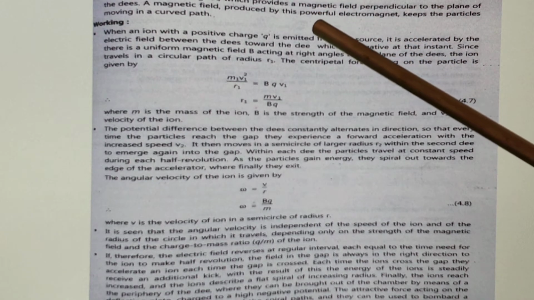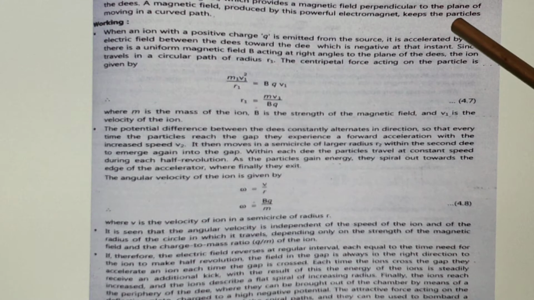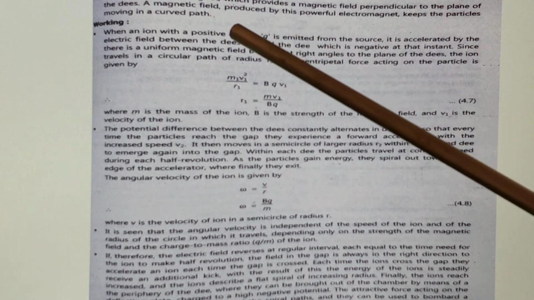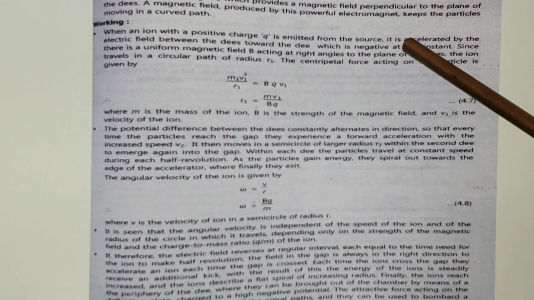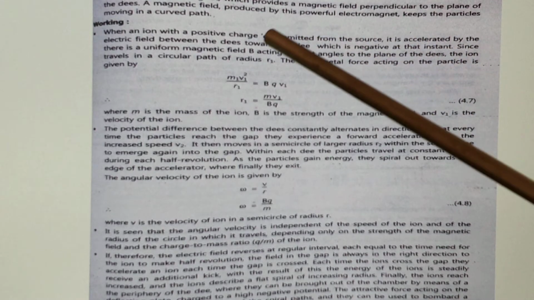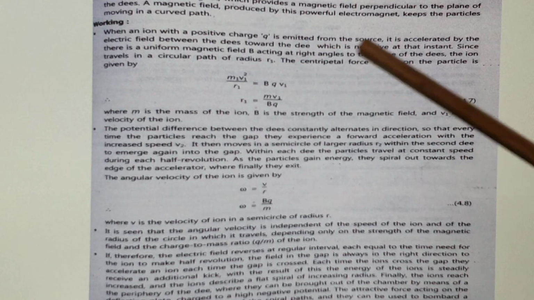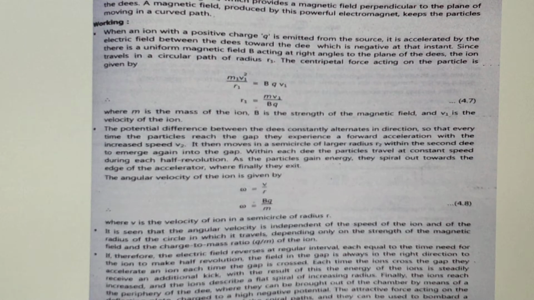This strong magnet provides a magnetic field perpendicular to the plane of the Ds. The magnetic field produced by this powerful electromagnet keeps the particles moving in a curved or circular path. Okay. Now we see the working of the cyclotron.